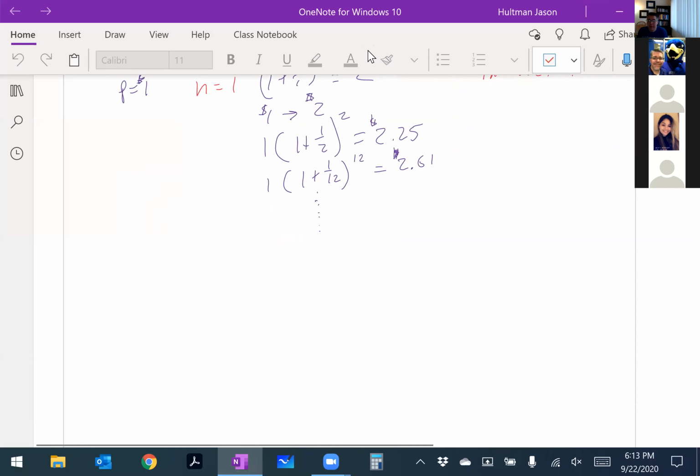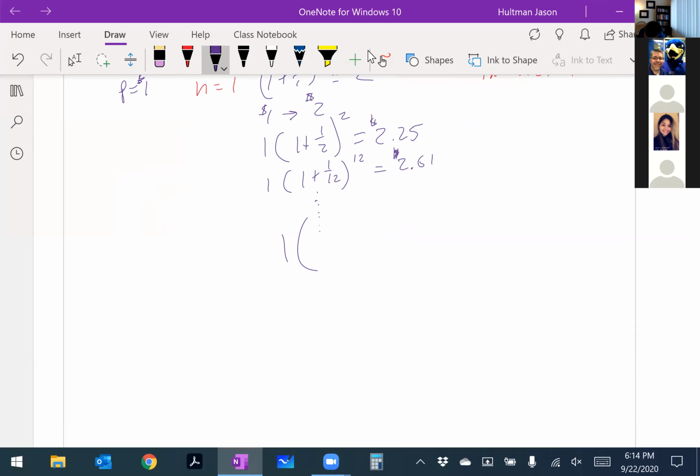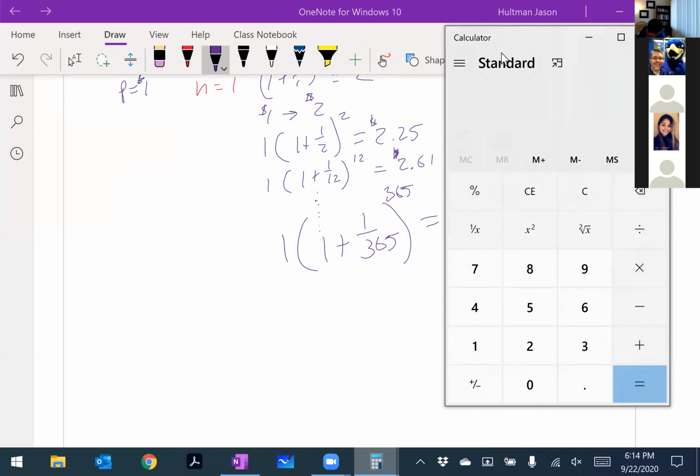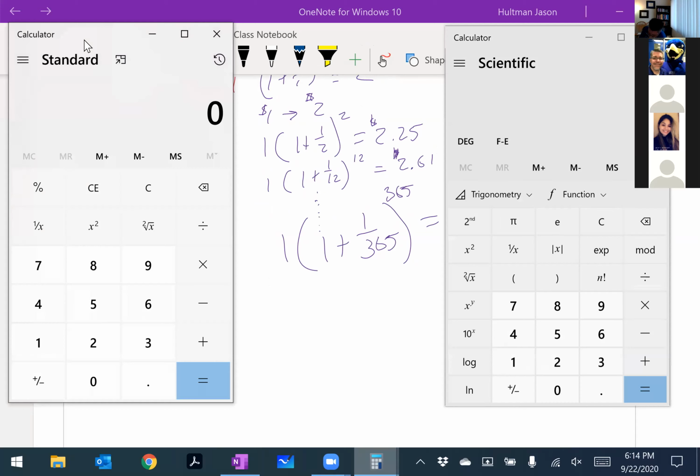Okay, good. So if we did this, invested our $1 and compounded 365 times a year, what would we get then? Let's go back to our calculator. Actually I need the scientific one.